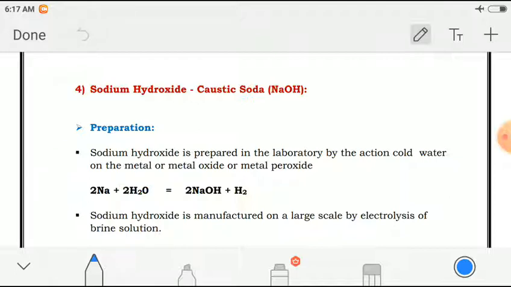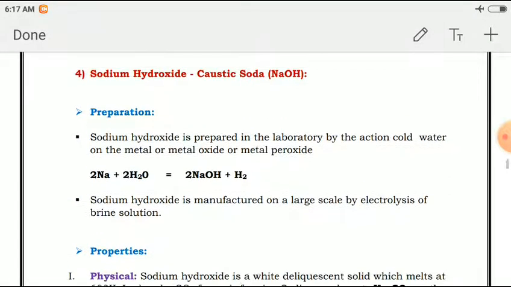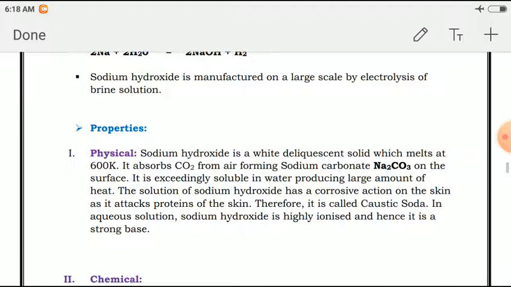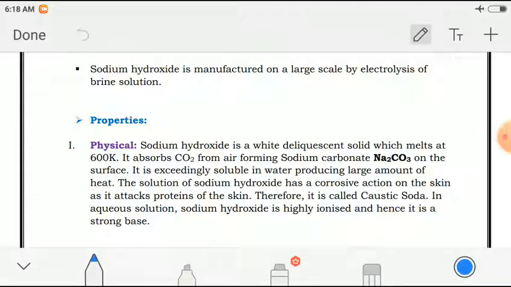Now sodium hydroxide is manufactured on a large scale by electrolysis of brine solution. Now we will see the properties of sodium hydroxide. In that case, first we will see the physical property.